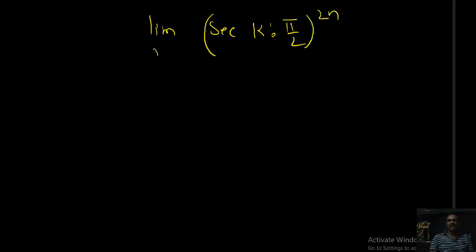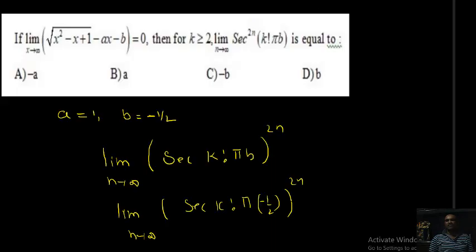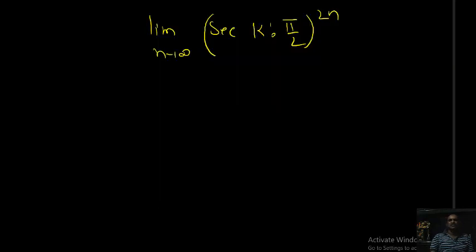So the limiting value of secant of k factorial into pi by 2, power 2n, n tending to infinity. What is the meaning of that? Secant of minus theta is the same as secant theta only, no? That's why minus or plus is not a big issue. So what about k here? k should be greater than or equal to 2.